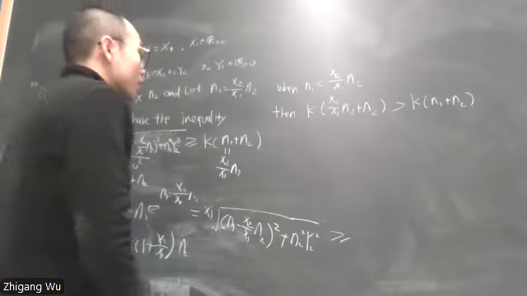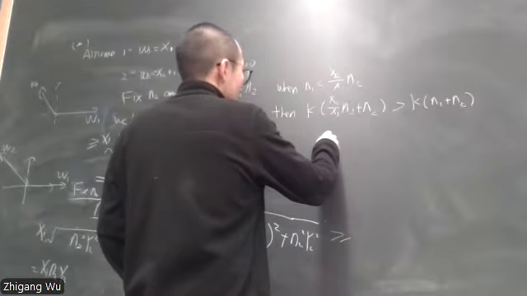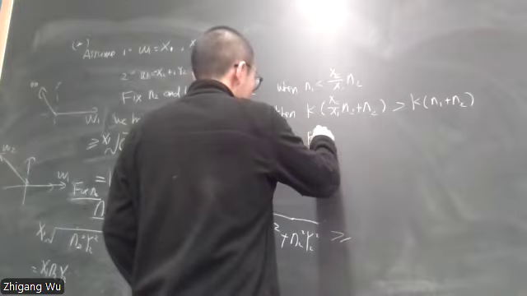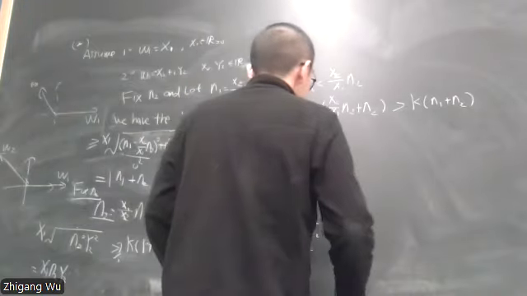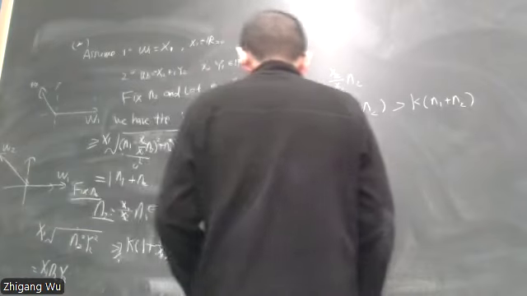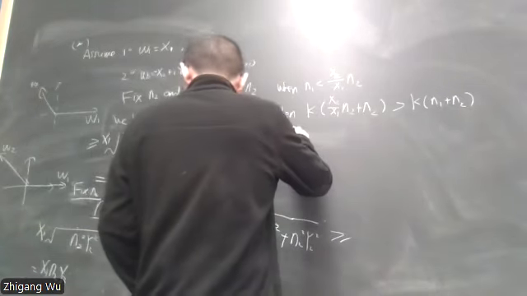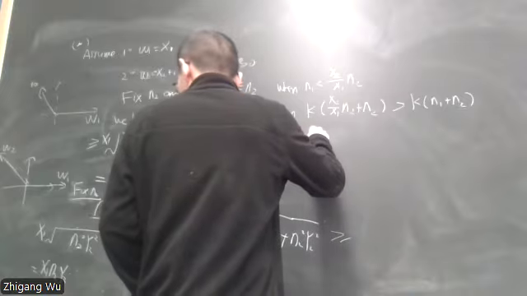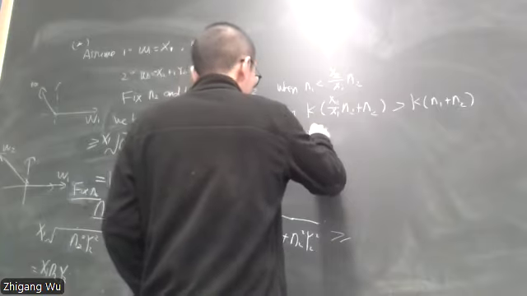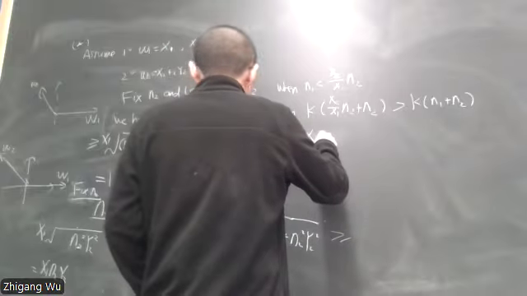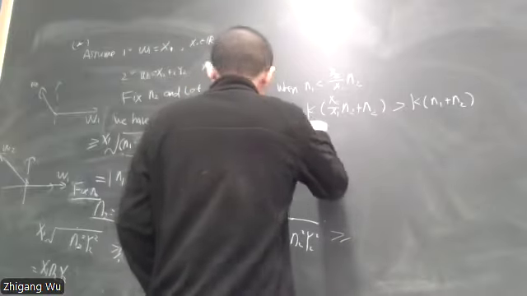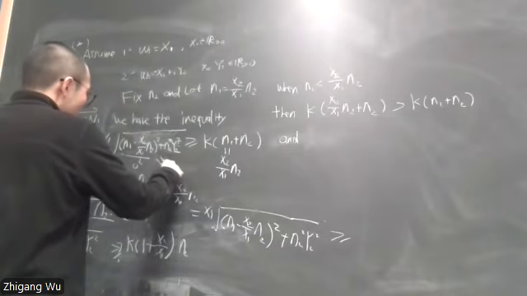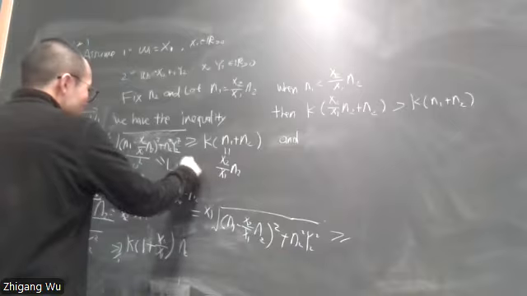But the right hand side is, and we also have that, let's call this L. Okay, so let's call this L of N1.